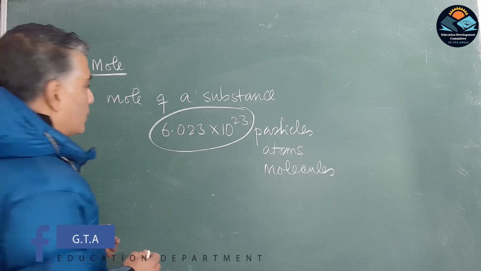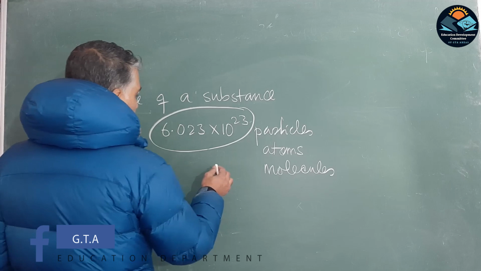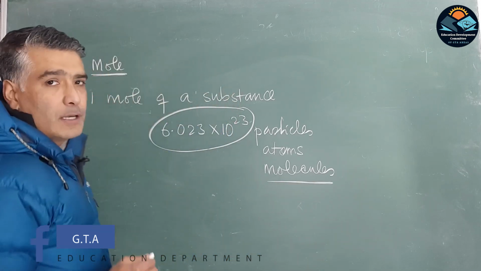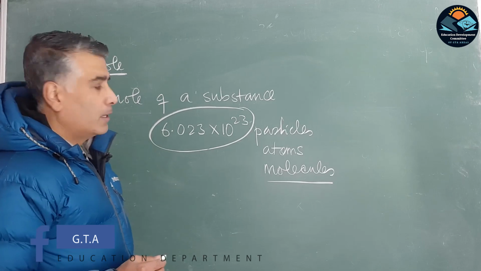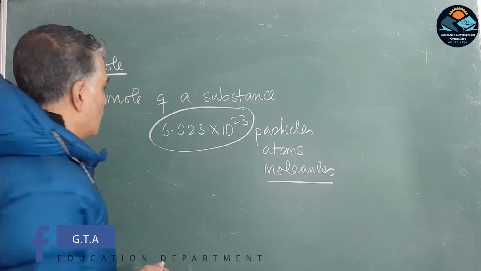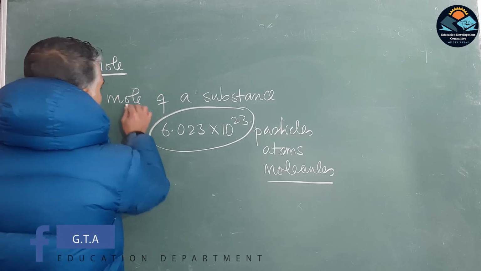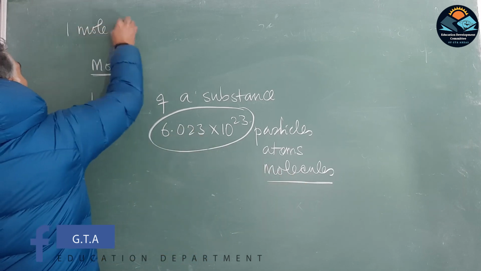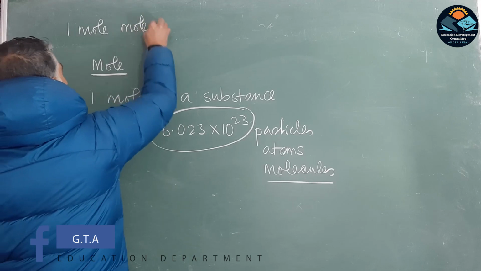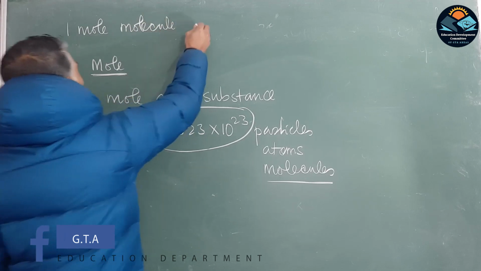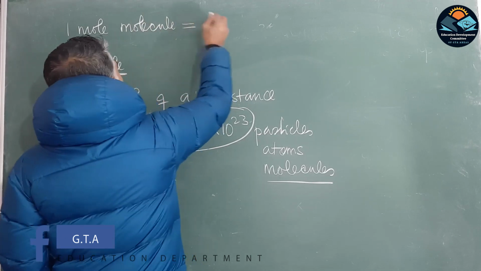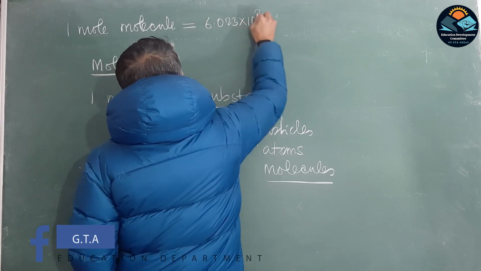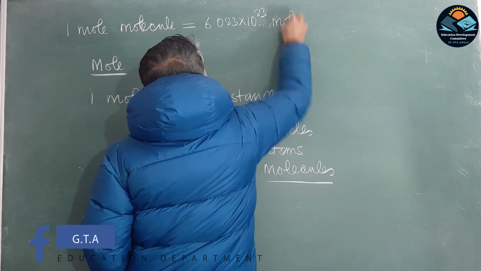But here in this chapter, we are basically interested in the molecules only, because most of the substances with which we prepare our solution exist in the form of molecules. So we'll deal with this 1 mole molecule. So what's the meaning of 1 mole molecule? 1 mole molecule means simply the mass of 6.023 into 10 to the power 23 molecules together.